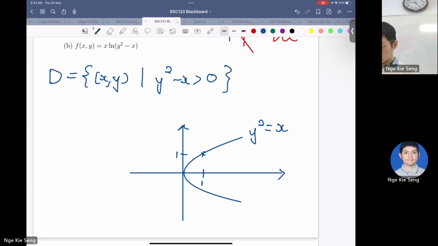So anything above here is what? So let's look at the point here. What is this? So let me write down first. y square minus x greater than 0. So how to check this?